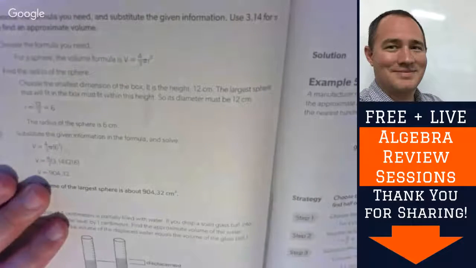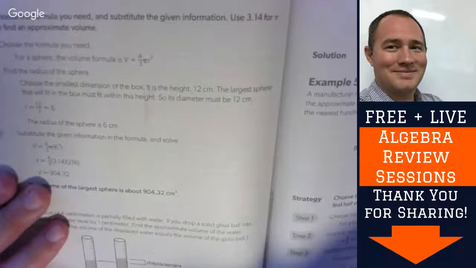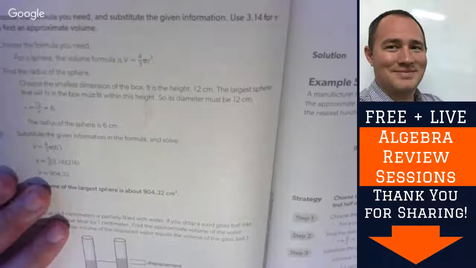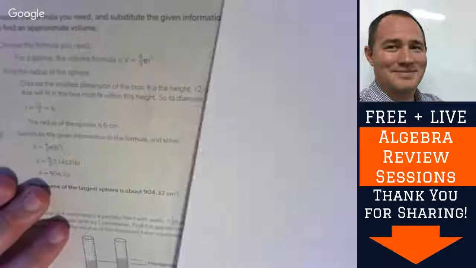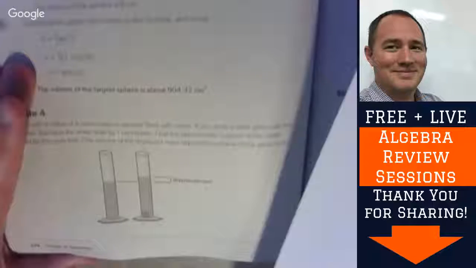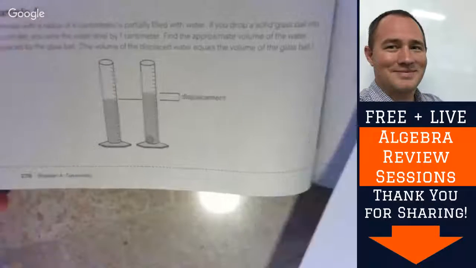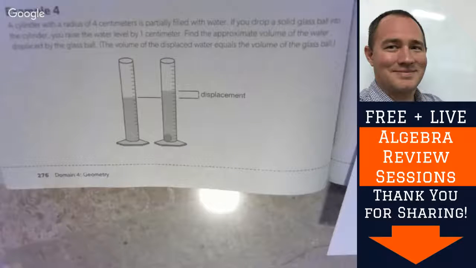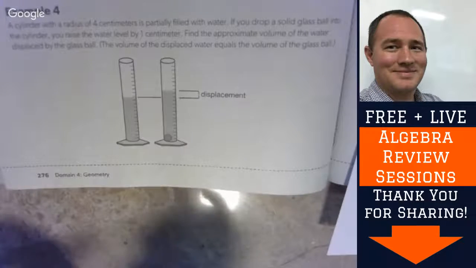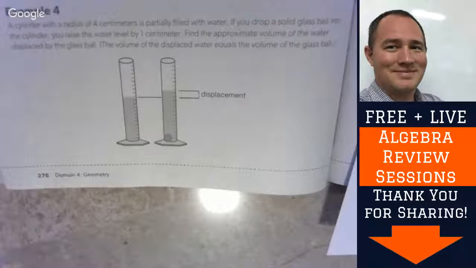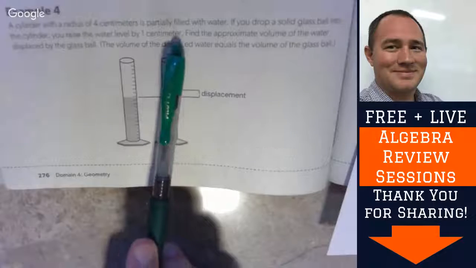All right, making good progress. So, how about this next example down here? A cylinder with a radius of 4 centimeters is partly filled with water. If you dropped in a solid glass ball, or marble I suppose, into the cylinder, you raise the water level by 1 centimeter.